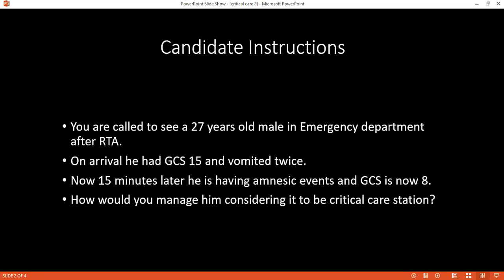Okay, if you do the CT scan of this patient, how do you expect the CT scan to look like?